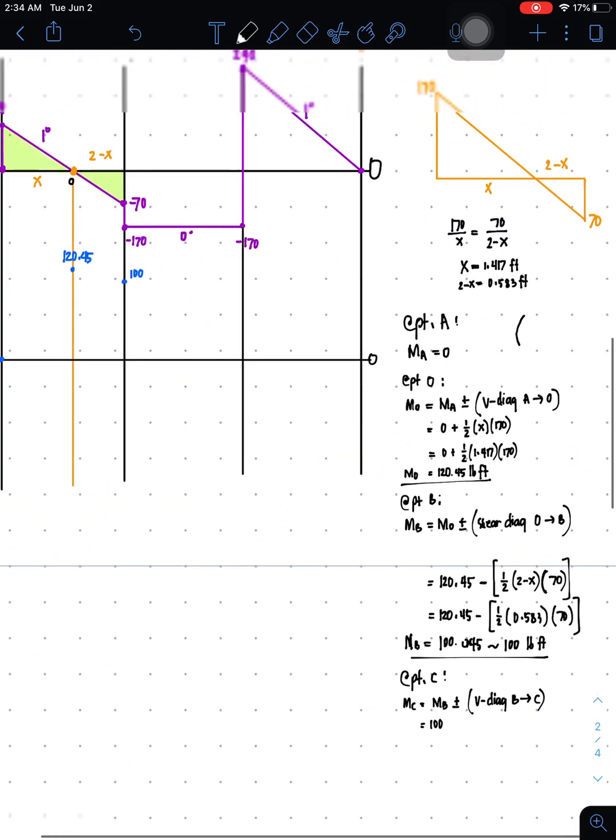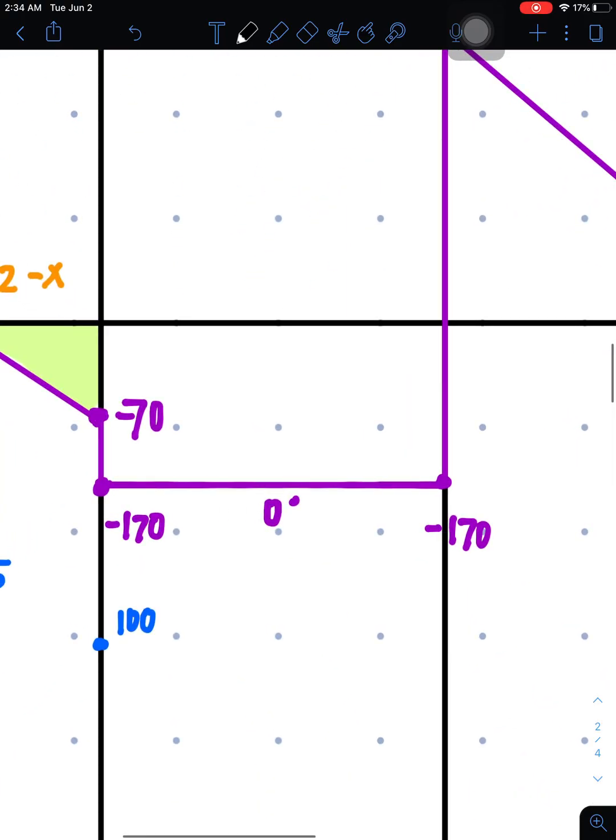And then what is the area between B to C? This is the area between B to C.